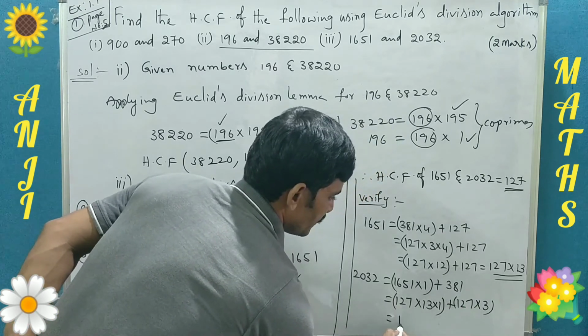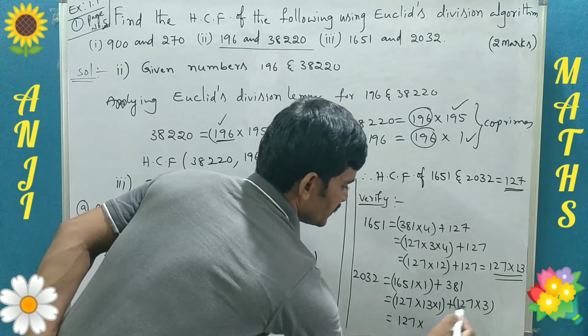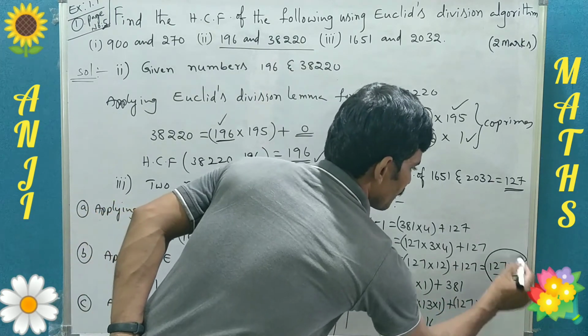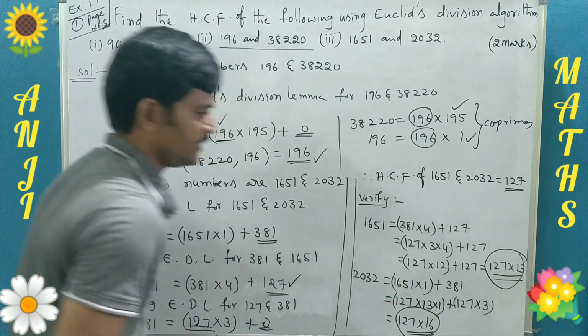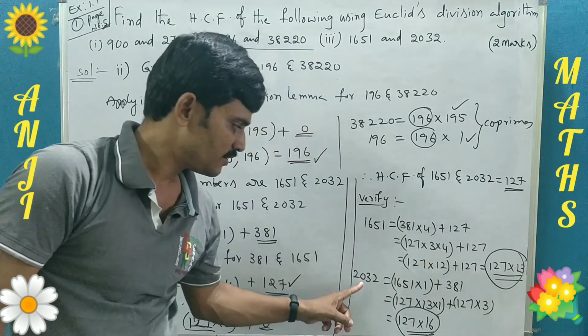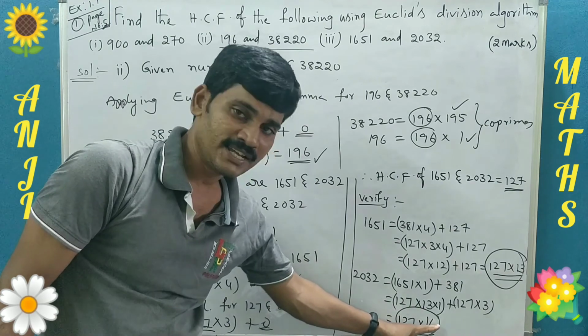That is totally 127 times 13 plus 3, 16 times. So if you see these two forms, 1651 is 127 times 13, and 2032 is 127 times 16.